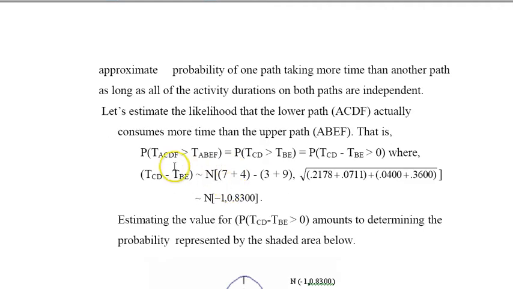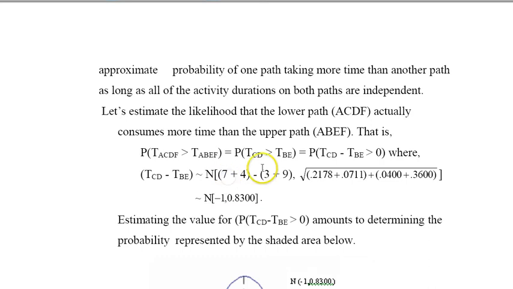So if I want to find the probability that this path exceeds this other path, then I remove the common activities. That becomes the probability of TC greater than TB, or the difference being greater than 0. So in this case, I need the z-score of 0, and the duration for C and D is 7 plus 4, and B and E is 3 plus 9, and I divide by the standard deviation of these activities.